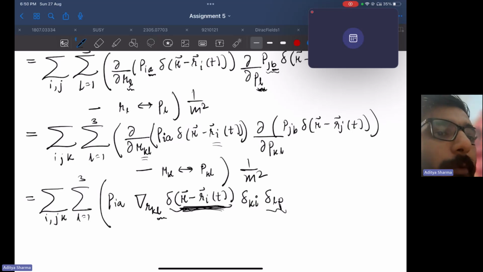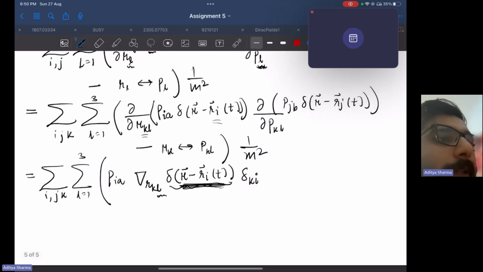Even if we don't write this, you will get the same result. So when you are doing the sum over L, and P is say L, P can be anything. Let me explain it properly again.